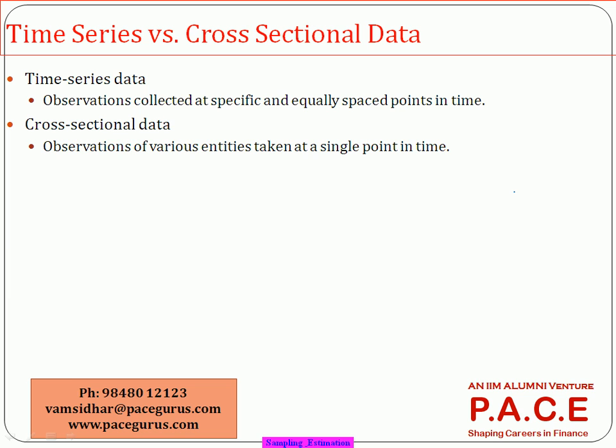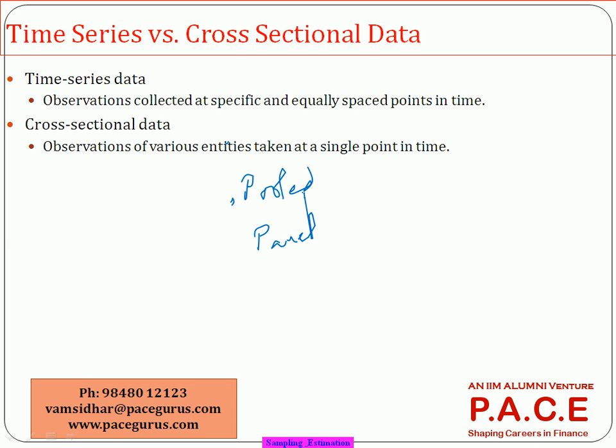And in some cases, a combination of these two could be there, which is what we sometimes call pooled data or panel data. This is a common name that is used. So probably it's like 50 companies for the last 50 days. It's a combination of both time series as well as cross-sectional data.